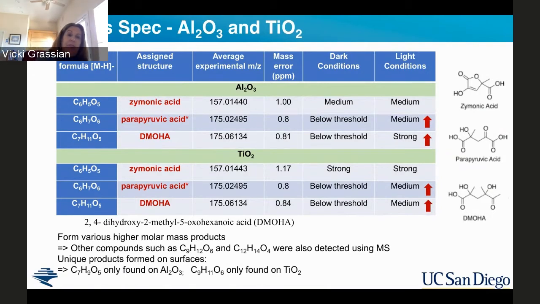And then if we have solar radiation, we even get more products. So we formed zymonic acid in the dark or under light conditions, but we formed two products, parapyruvic acid and 2,4-dihydroxy-2-methyl-5-oxohexanoic acid, MOA, both when we have the presence of light. So really starting to get some chemistry going.